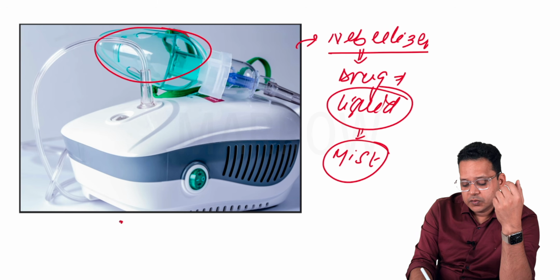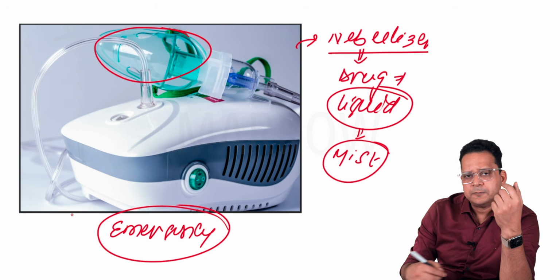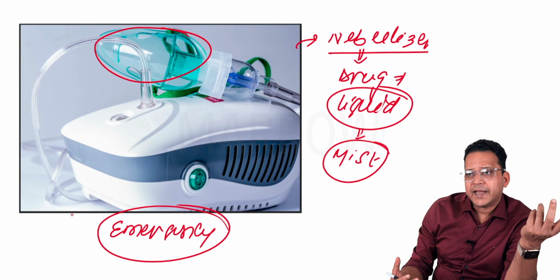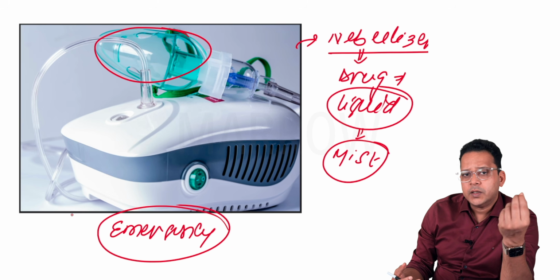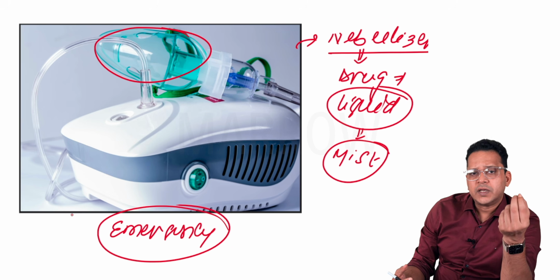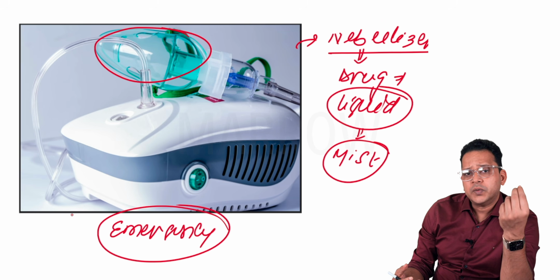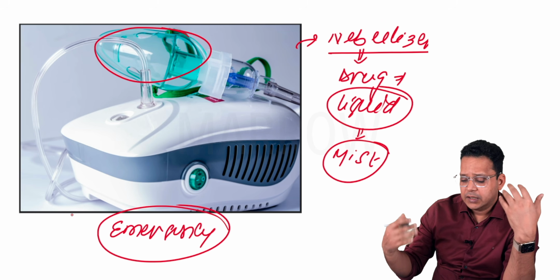So basically, we use a nebulizer mostly in case of emergency. For example, there is an acute exacerbation of asthma or COPD. What I do, I take liquid, let us say salbutamol or terbutaline, combine it with ipratropium or steroid, and ask the patient to inhale. So nebulizer is for immediate relief.